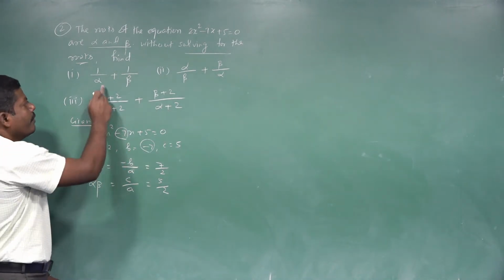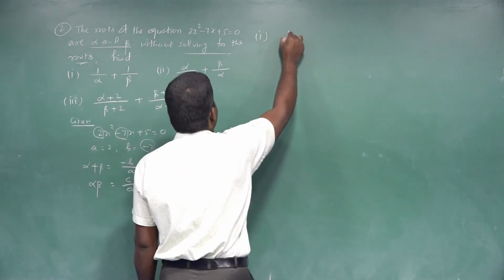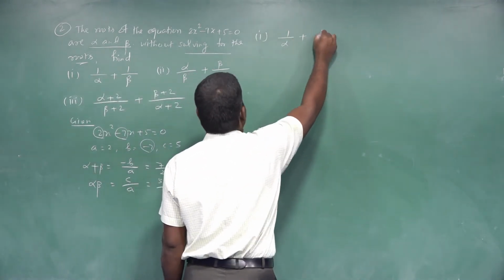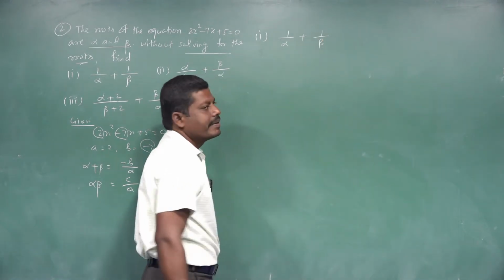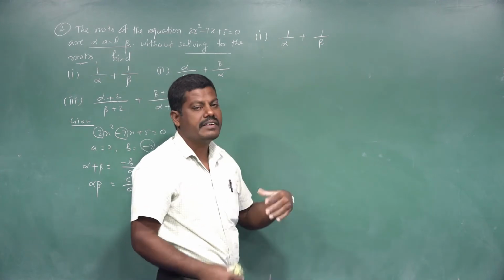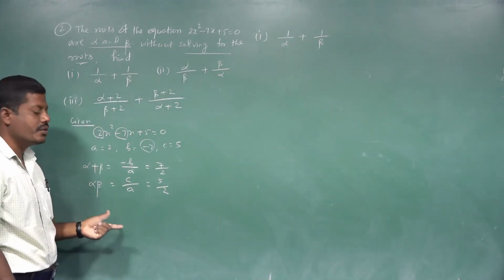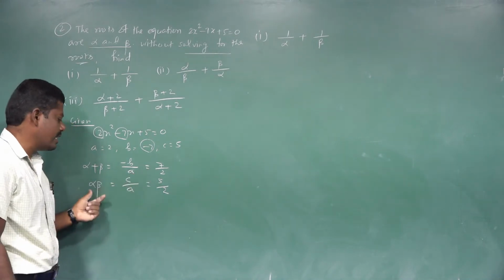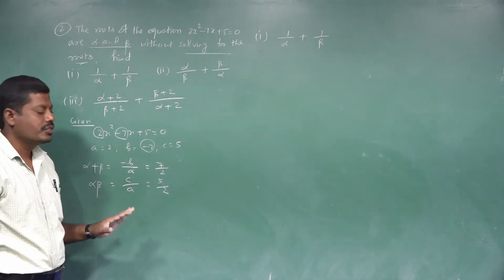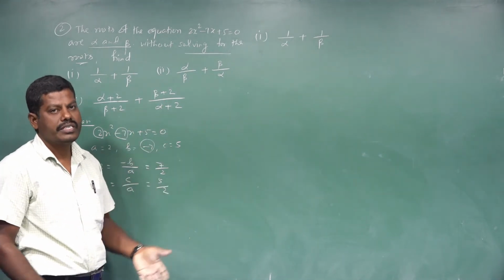So now you take the first question: 1 divided by alpha plus 1 divided by beta. We want to convert this expression into the form of alpha plus beta and alpha beta, because we know only the alpha plus beta value and the alpha beta value. So using these two values, we find the answer.